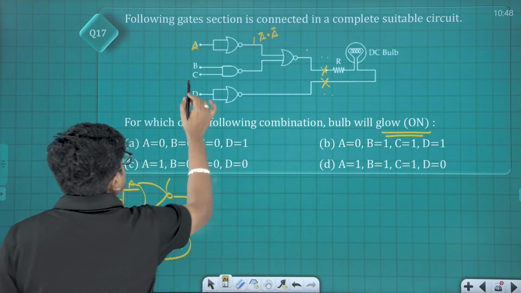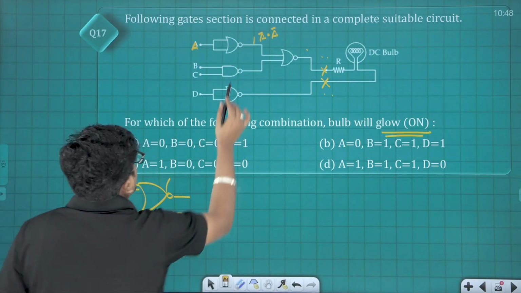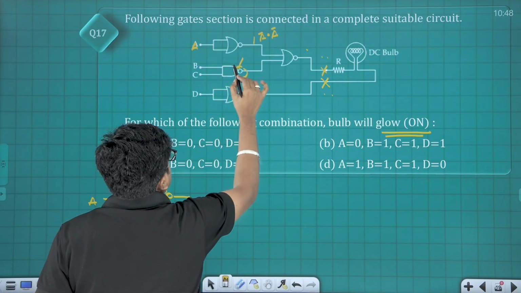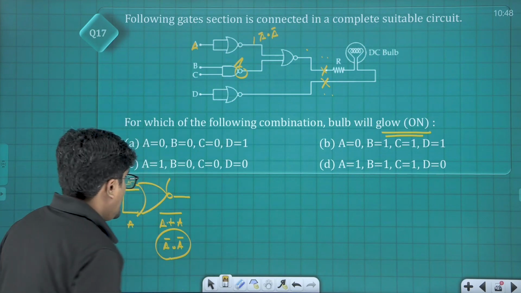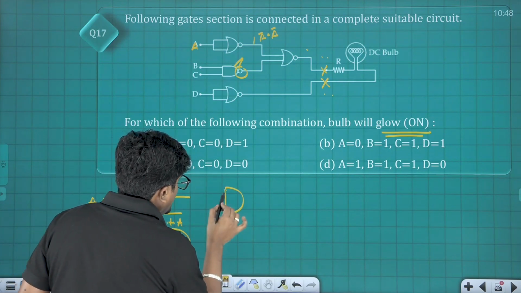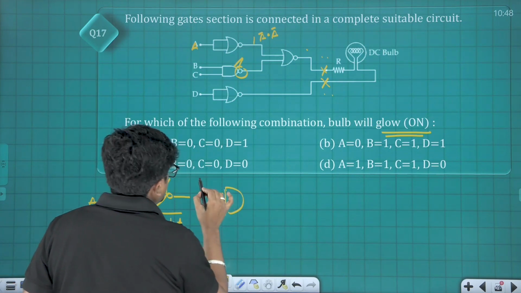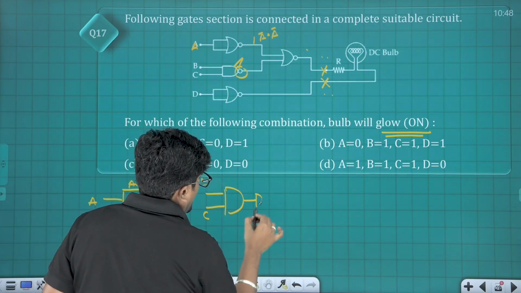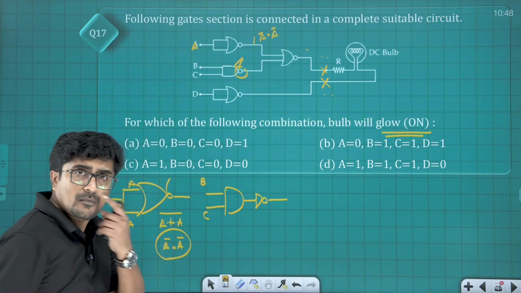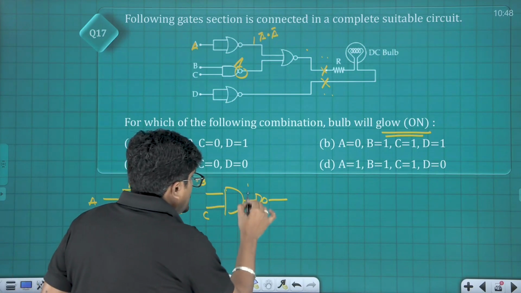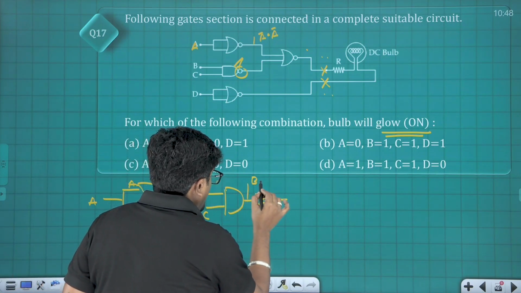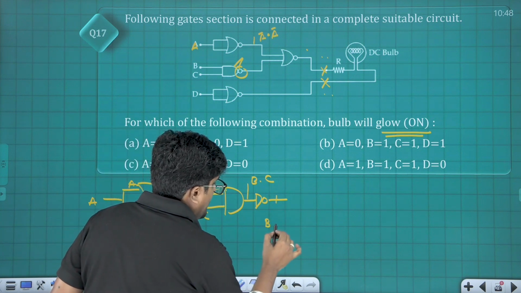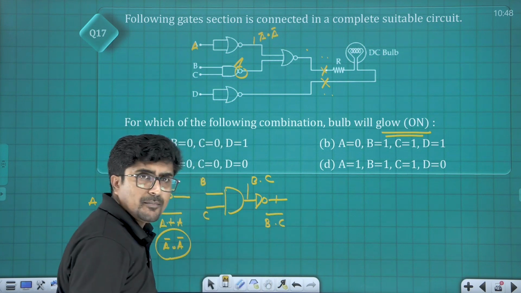Now I am going to consider the output immediately after this, just before that. There I have got the gate like this. Here this is B and here this is C. So the output is going to be B dot C, and here this is going to be B dot C, the whole complement.